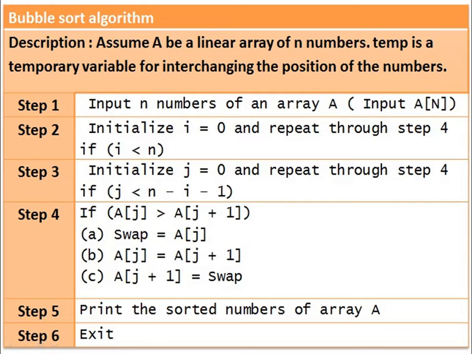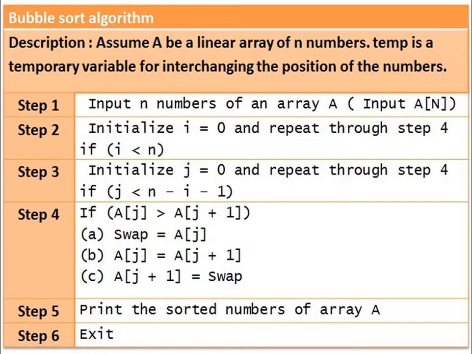What you will do is compare the element j with j plus 1. That means two adjacent elements will be compared, and if the order is not correct, you will swap them. How to swap? Take a third variable and you can swap. Please go through this algorithm and you will understand the logic behind this bubble sort algorithm. Here the basic idea is to compare two adjacent elements and change them if they are not in the correct order.